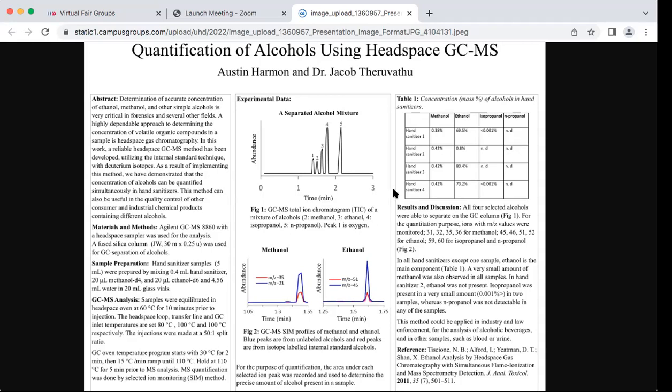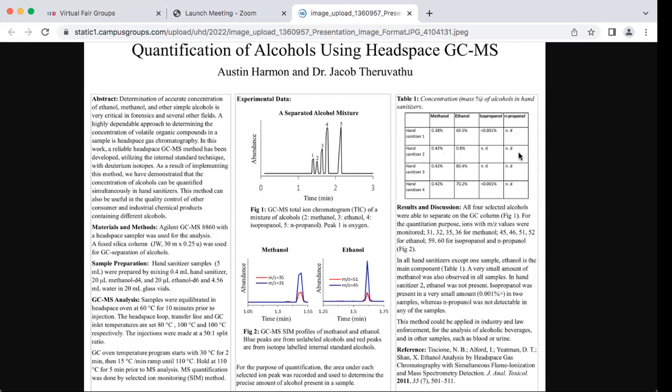And that was the case for hand sanitizer number 2. That was one that had no alcohol smell. It wasn't strong. It was a green hand sanitizer, and it had benzalkonium chloride as the active ingredient in place of ethanol. And this is what we found. It does not have any ethanol.